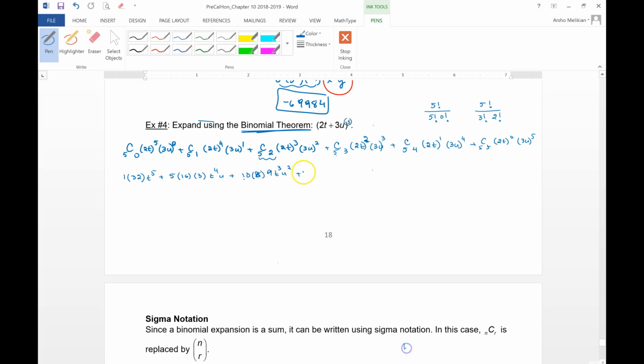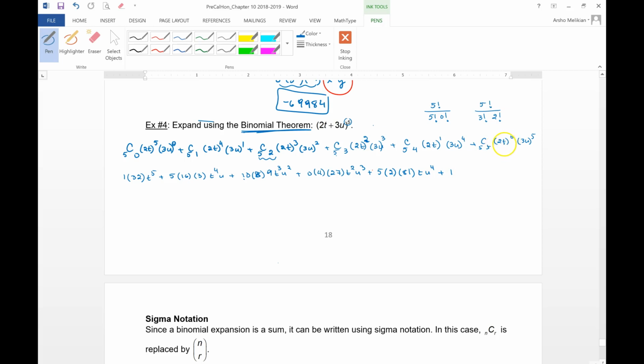And then I have another 10 times 4 times 27, t squared u cubed. And then C(5,4) is actually 5 times 2 times 81, t u to the 4.